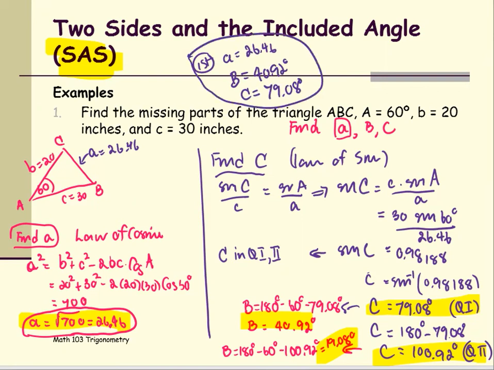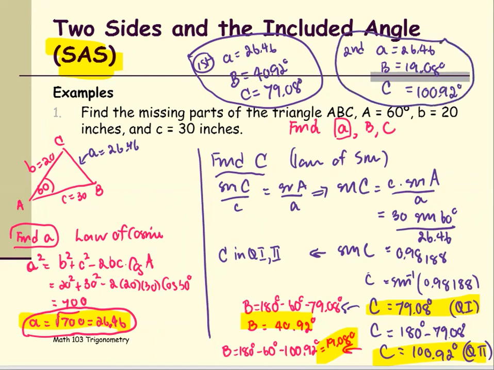Another set of solutions: side A is the same, 26.46, angle B is 19.08 degrees, and angle C is 100.92 degrees. So you have two solutions for this triangle problem.